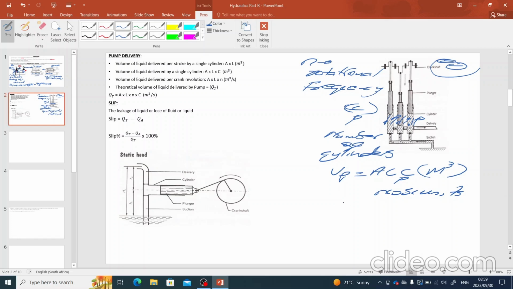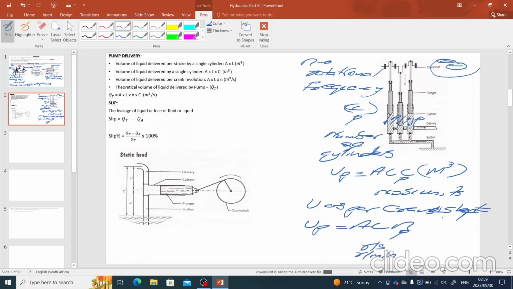In calculating the volume as per crankshaft, VP equals area, stroke length, multiplied by N. The N is the rotational frequency. The SI unit for N is either rev per second or rev per minute. The SI unit of volume here will be m cube per second. Why? Because it will assume the per time of your rotational frequency.